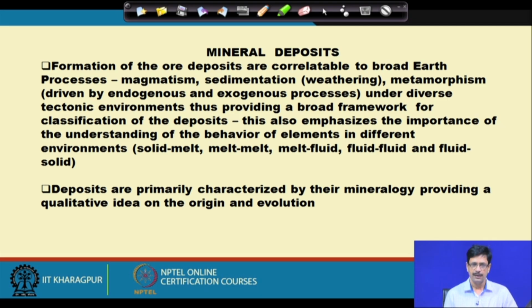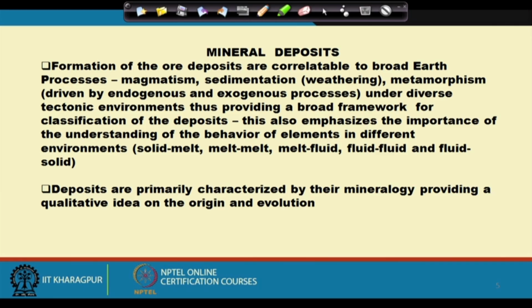So, we can always think of the formation of a mineral deposit of any particular metal coming out of processes which can be very well defined in their domains. For example, if we are talking about magmatism, then it is a domain of solid and melt interaction. So, any of the metal or element to be enriched, their behavior will depend on the energetics, on their fractionation in a solid melt system.